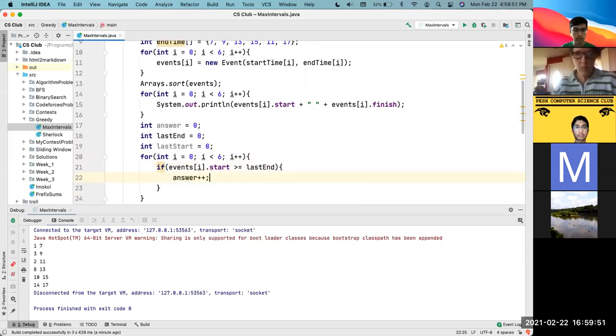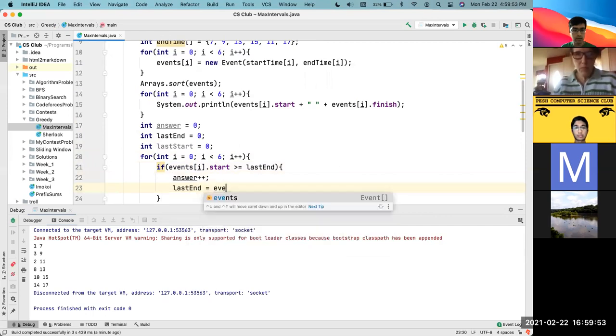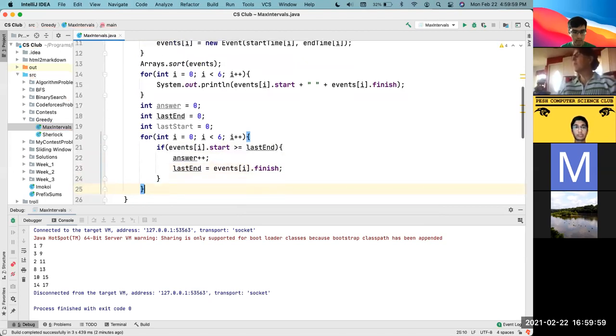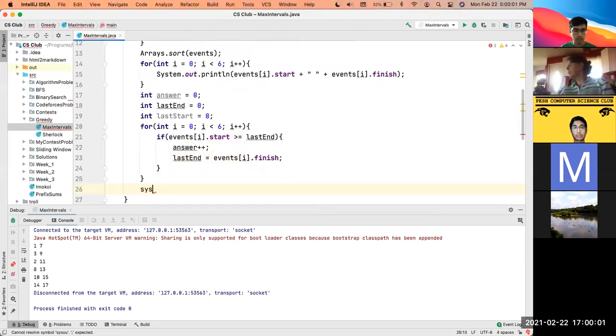Then we're going to increase our answer by 1, and we'll say lastEnd equals events[i].finish.